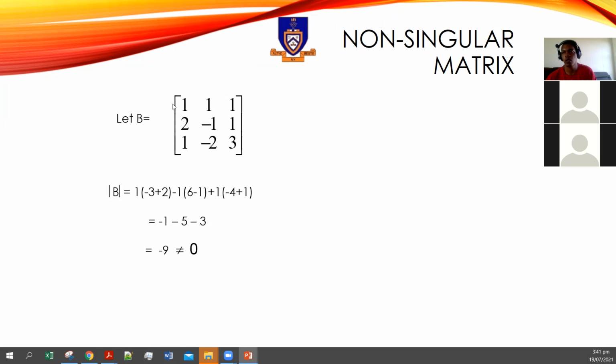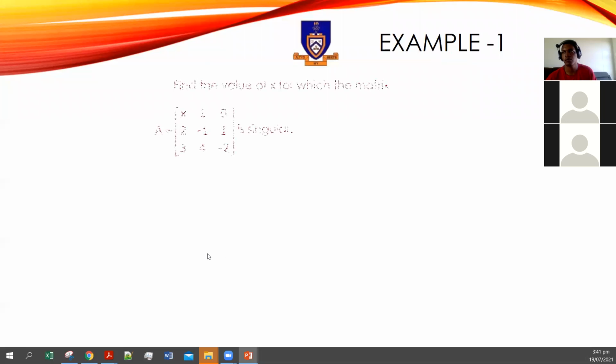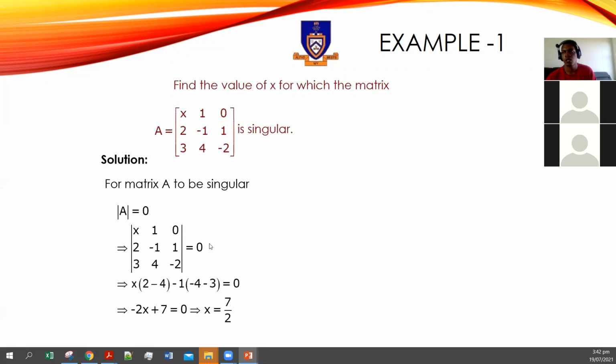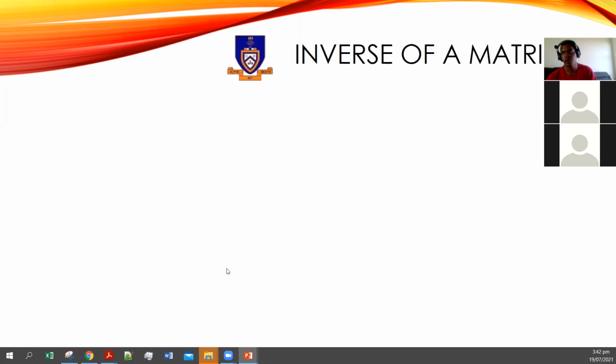If we do the same thing, we have 1, 1, 1, and we have a minus, plus, we get that negative 9 is not equal to 0, so this becomes a non-singular matrix, okay? Here we can use algebra to say that if this is a singular matrix, that means the determinant must be 0. So if we have x multiplied by whatever, we can basically try to use algebra to solve for x.